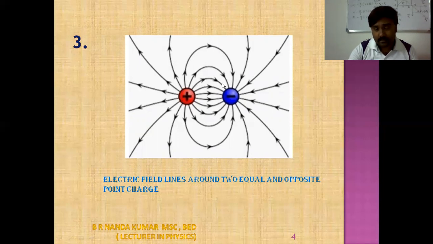Suppose plus Q naught is placed here on this imaginary line. What happens? Due to the negative charge, plus Q naught will experience an attractive force.